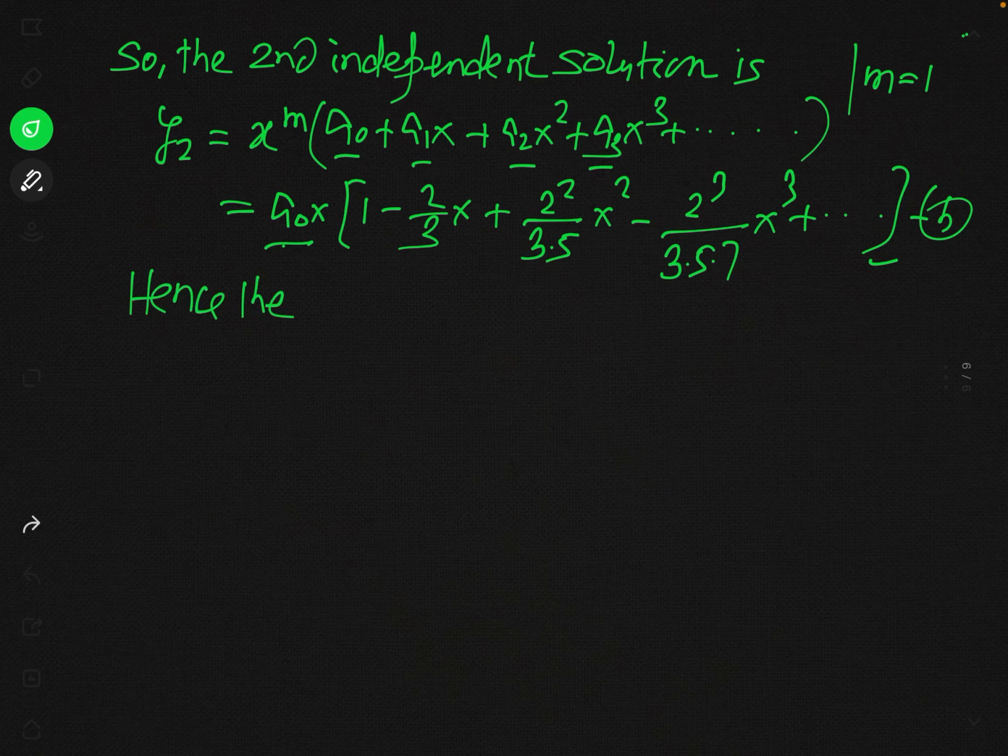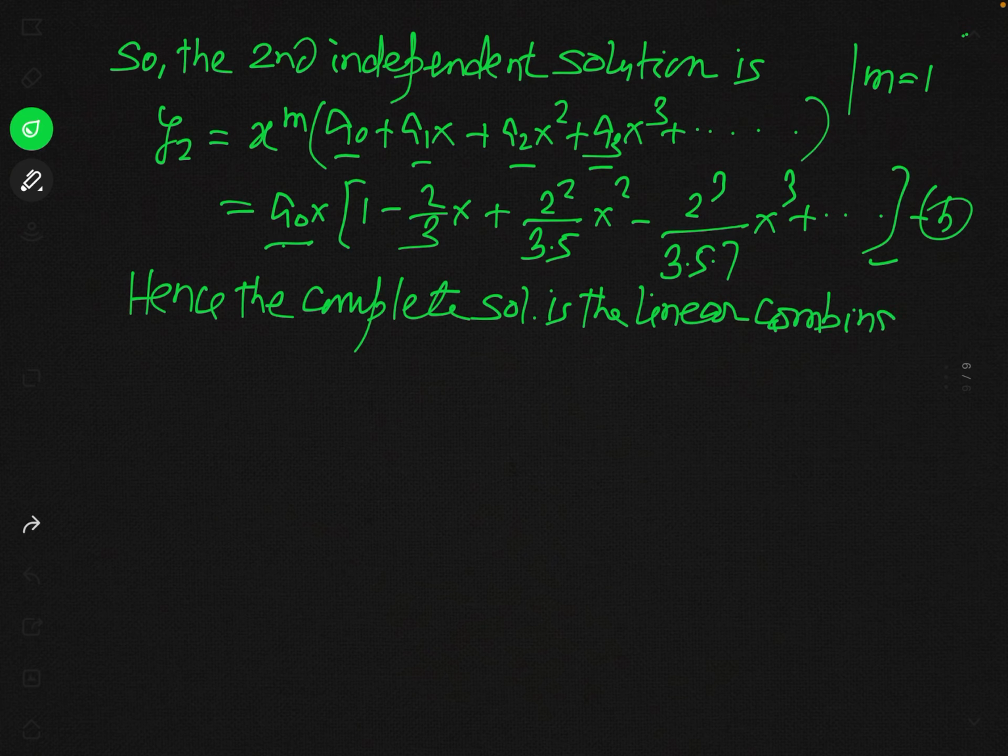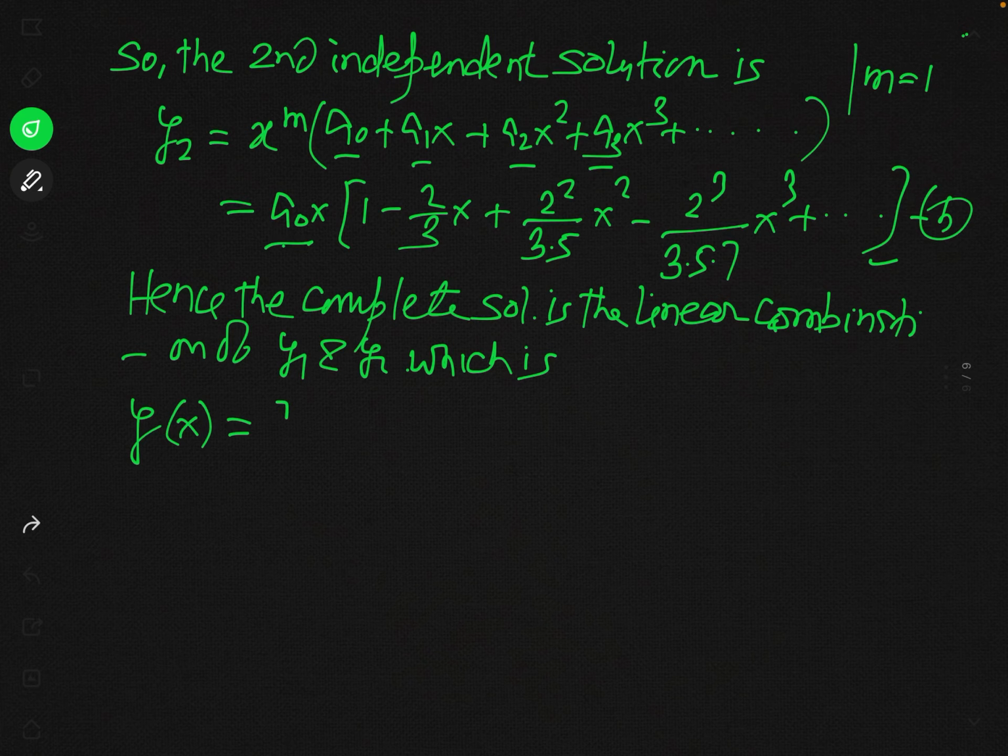So hence the complete solution is the linear combination of y1 and y2, which we can write as y of x equal to c1 y1 of x plus c2 y2 of x.